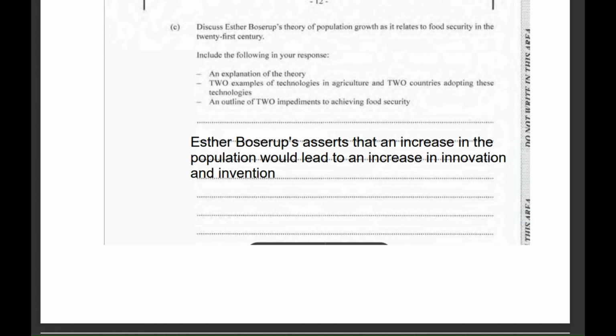Now, the last part of the question asks that you outline two impediments to achieving food security. The impediments that stand in the way of food security are, one, decrease in agricultural land due to the heavy demand of the population for residential or economic purposes.